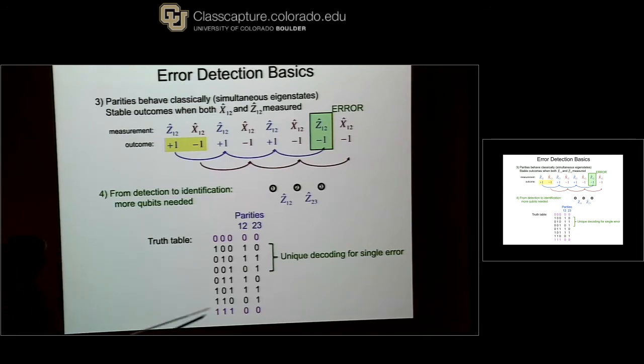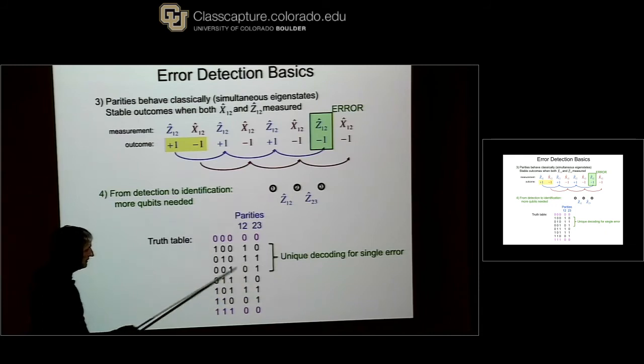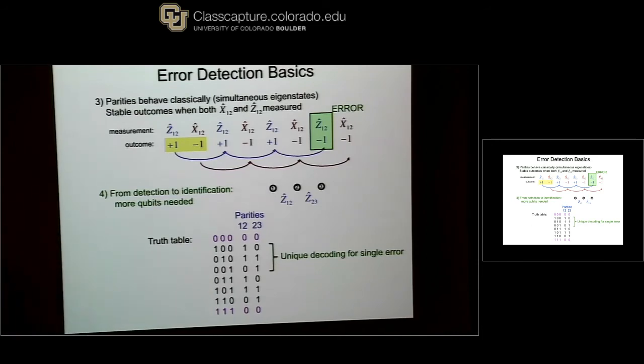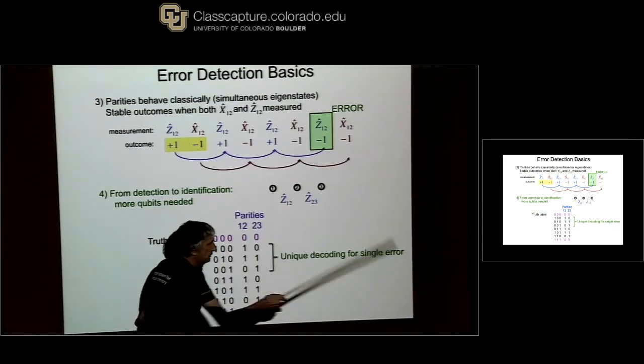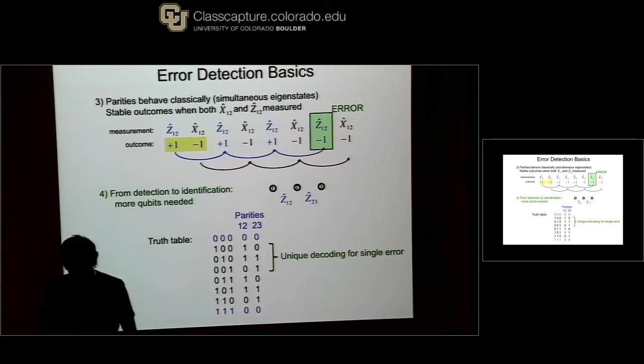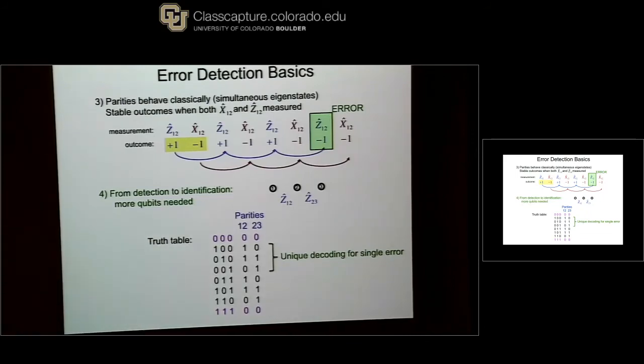So if any of these happen, I'm going to decode it as this because that's the most probable, but I'm going to make an error. Okay? So by doing this kind of continual coding scheme, I can uniquely decode for a single qubit error, which is good. But now I'm going to get an error in the decoding mechanism when I have 2 qubit errors.